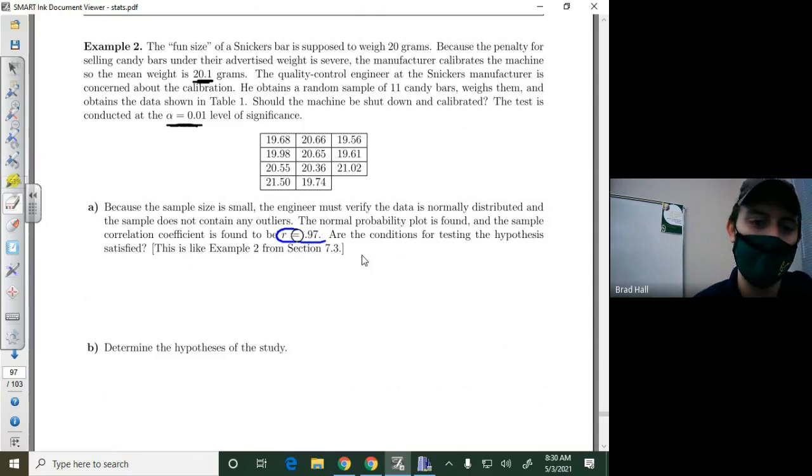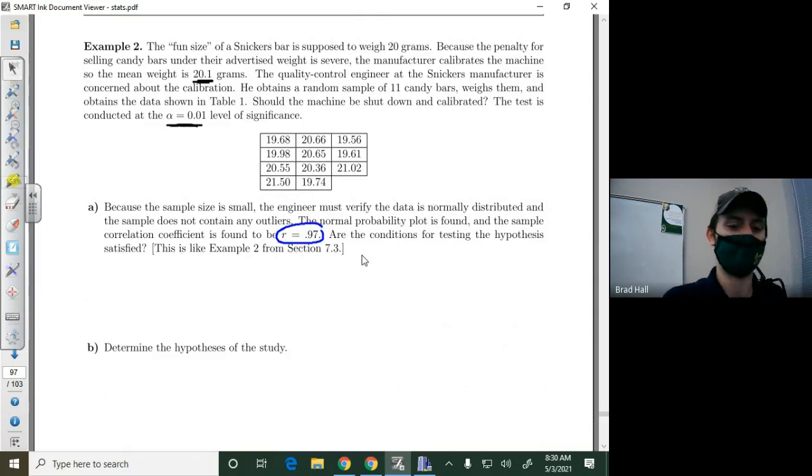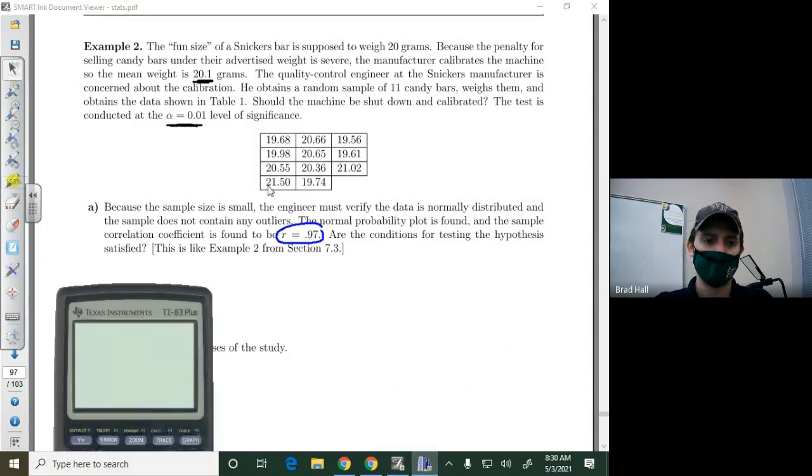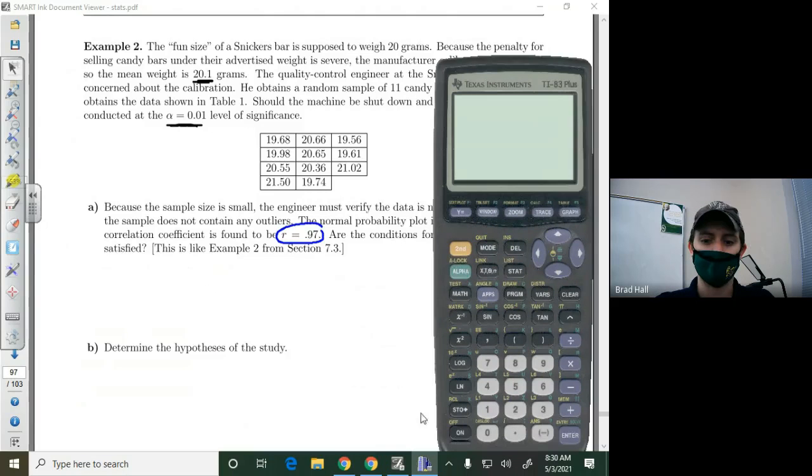I think I might have covered up the 0.97 there. The 0.97 comes from the fact that they put all of these data values, and since it's in 7.3, you don't have to worry about this being on the test, into the calculator in a list, and then they did the y equals stuff.